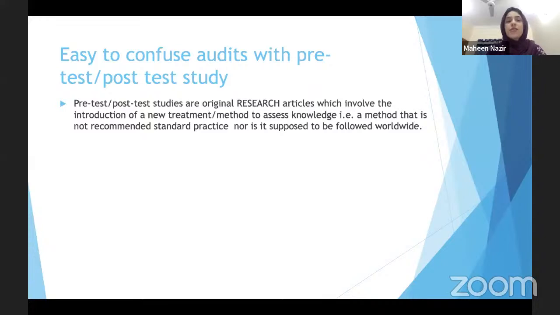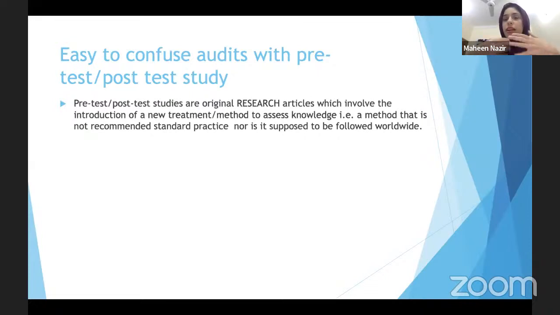All right, so the research study design most frequently confused with audits is a pre-test, post-test study. Maybe you've heard about it, maybe you haven't, but the gist of this research design is, I'll give you an example. You are going to measure the knowledge regarding a particular practice.